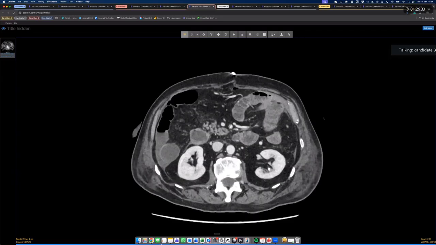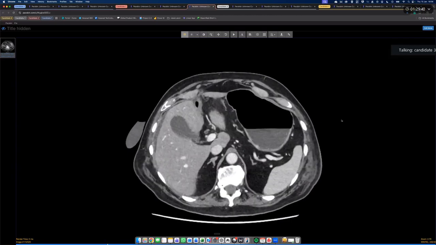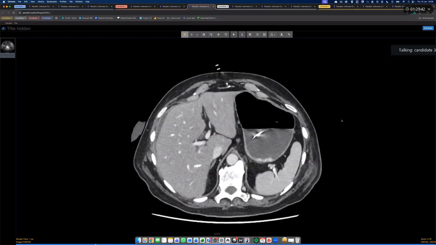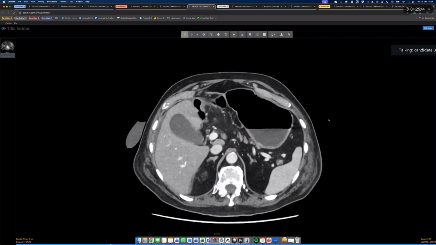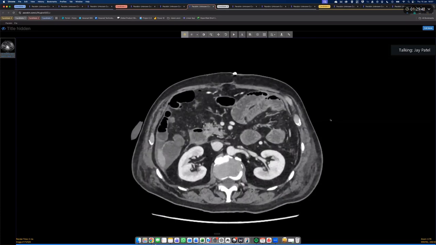I can see that there are a few dilated bowel loops noted in the right hypochondriac, right lumbar region. So I would just like to focus on that initially. Don't worry about that.